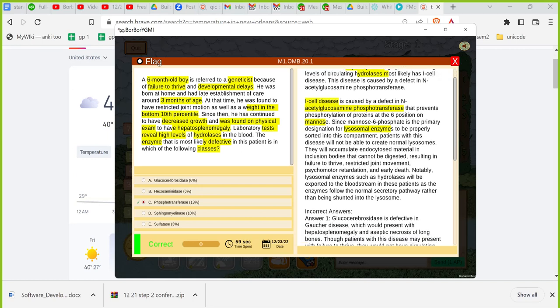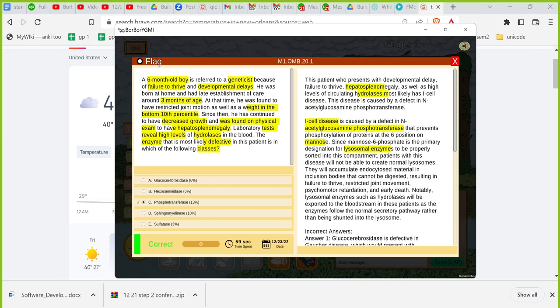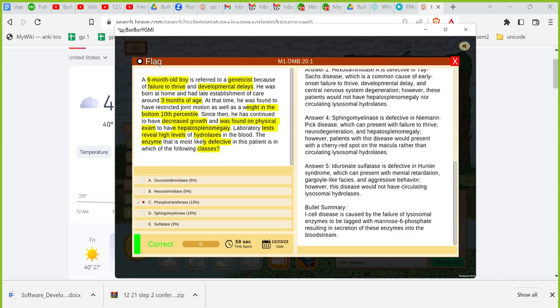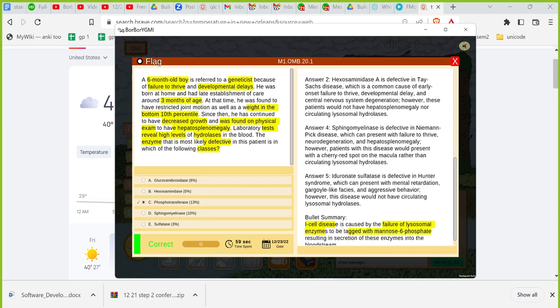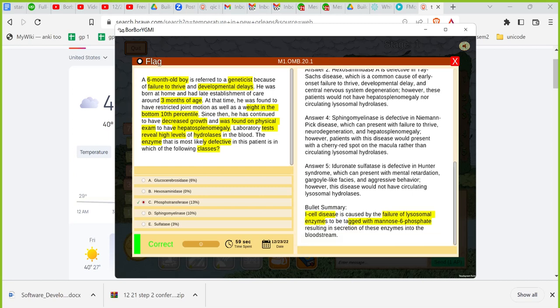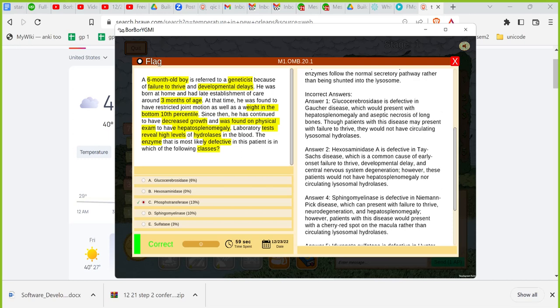I really liked Picmonic for these, a website that teaches the lysosomal storage disorders really well. I-cell disease causes failure of lysosomal enzymes to be tagged with mannose 6-phosphate, so I would memorize that. You can memorize the whole pathway for lysosomal enzymes and for glycogen storage, and it wouldn't be a terrible use of your time.